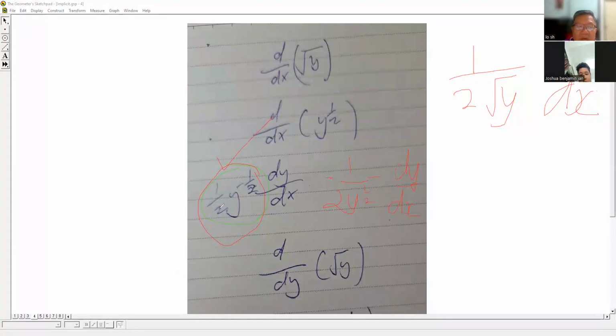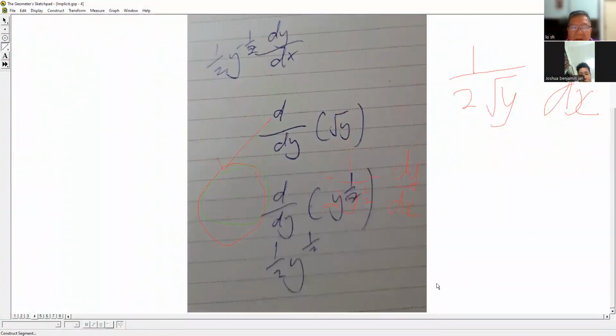Normally, we don't leave it like this. Then the last part, this one is not like that. This one is negative, right?